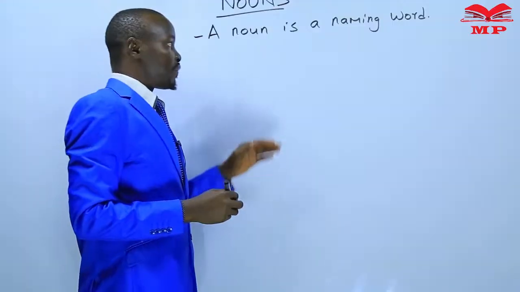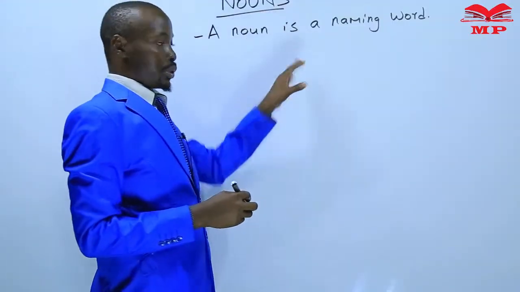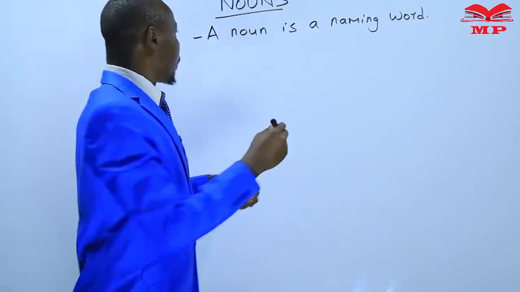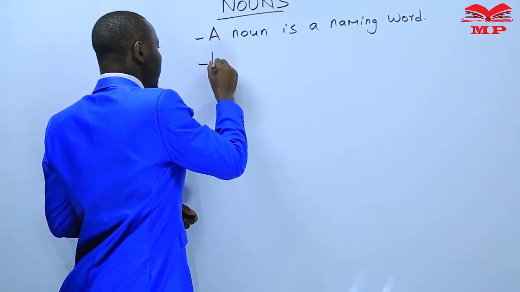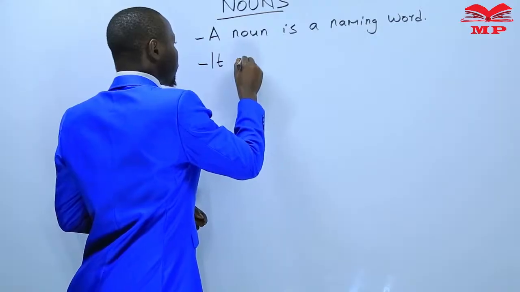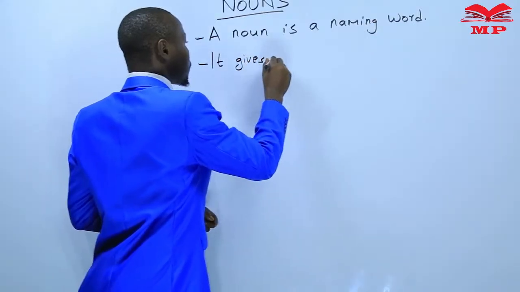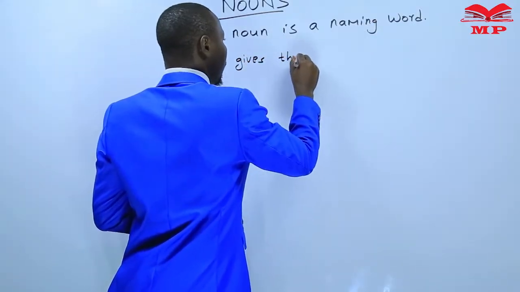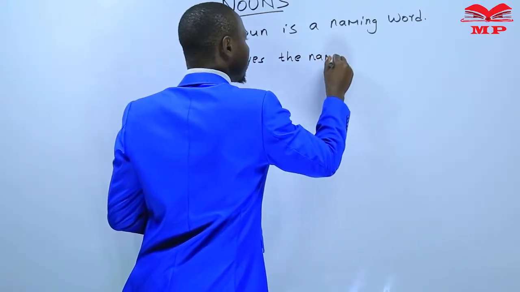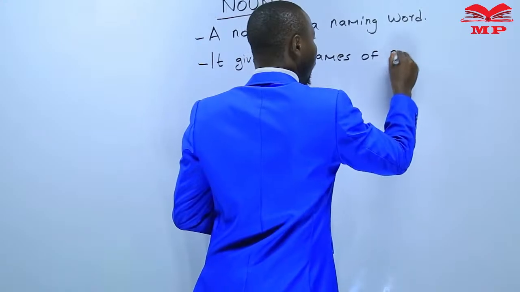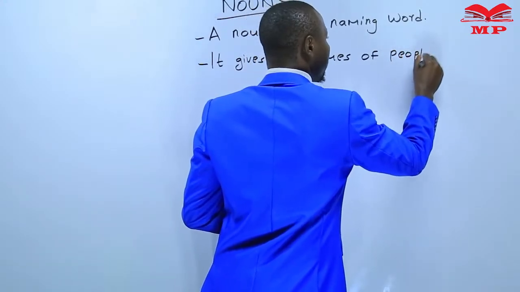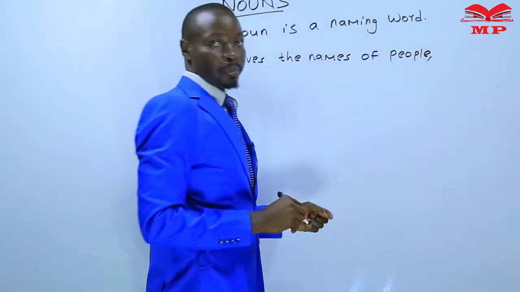For example, if we break down the categories under which we can give the names, we can say it gives the names of, first one we have people. It can be used to name people.